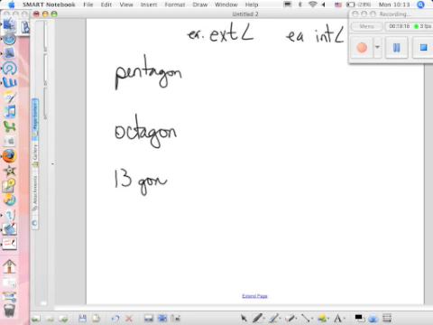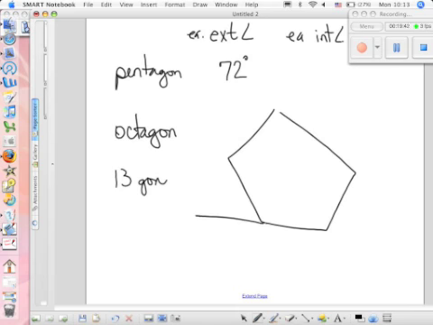So what's 360 divided by 5? 72 degrees. Do you even need the formula to find each interior angle? Really, you don't, because the exterior angle plus the interior angle add up to 180. Exterior and interior are supplementary. So all I have to do is subtract 72 from 180.